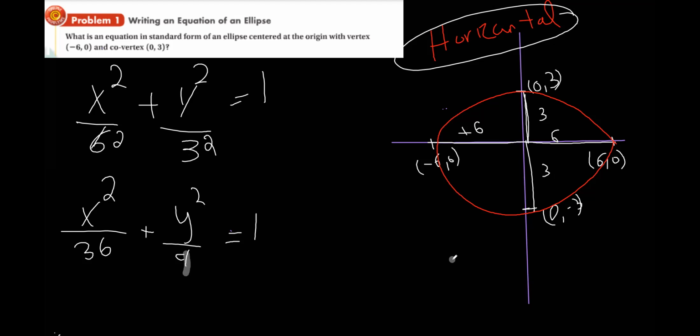Sorry, 9 is under Y. So this is a horizontal equation of this ellipse.